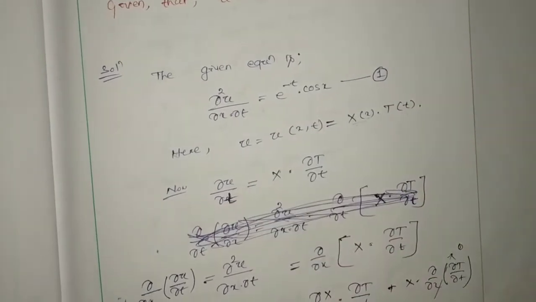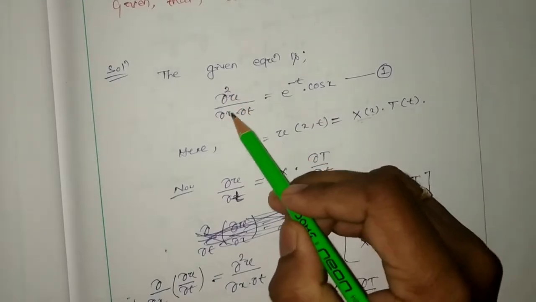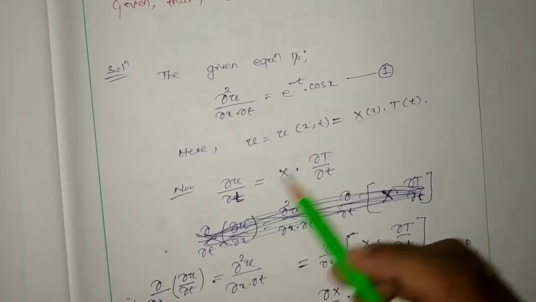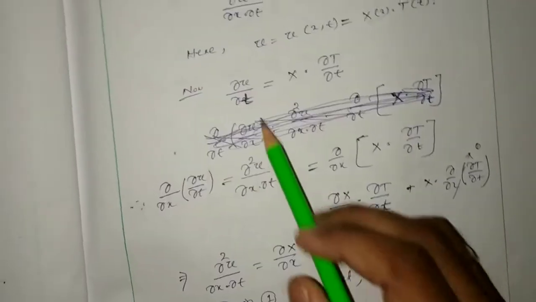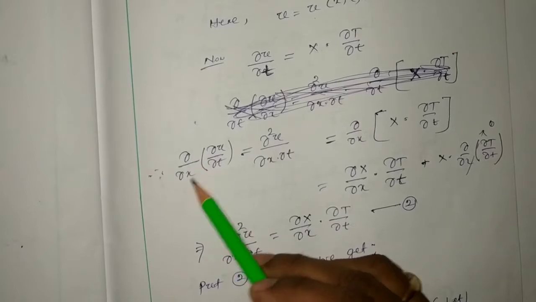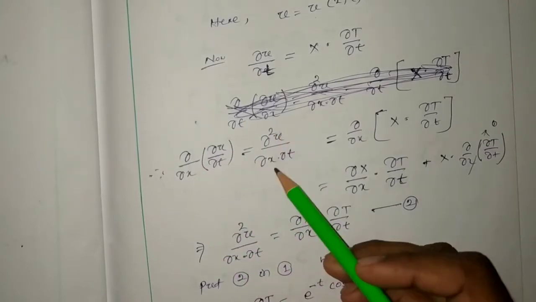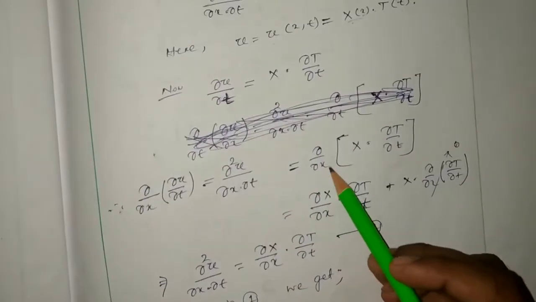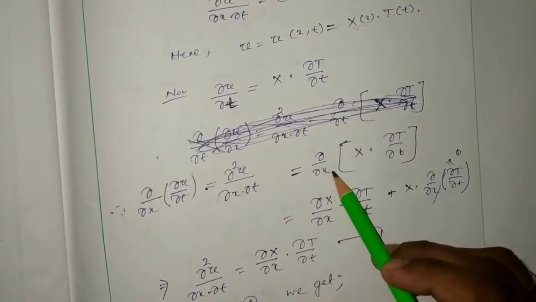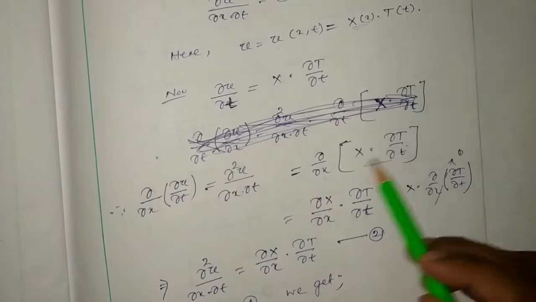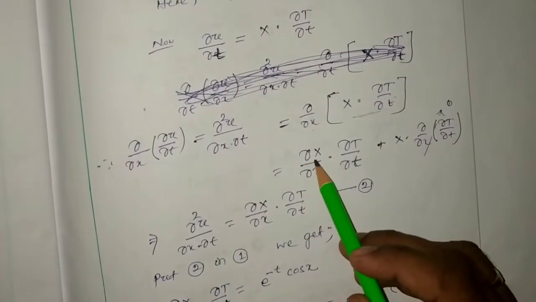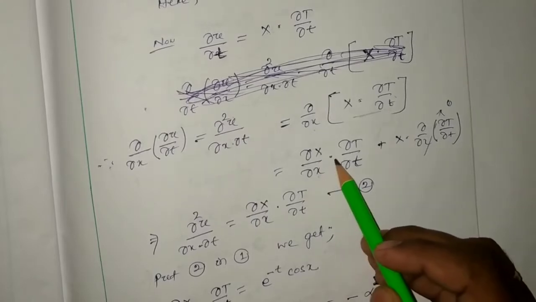Now we want del square u by del x del t. Here del u by del t is equal to this much. Again we have to differentiate this with respect to x. How much can we get? That will be del by del x of del u by del t, equal to del square u by del x del t, equal to dX by dx into dT by dt. Here when it is differentiated with respect to x, this term will act as a constant, so we use the product formula.